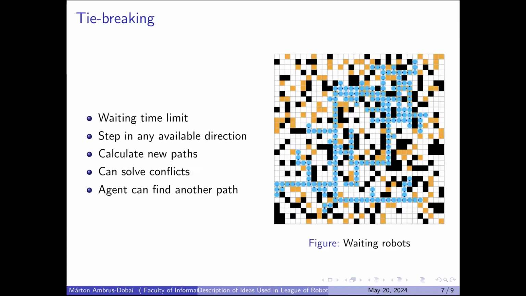And another idea I tried to implement is this situation, as you can see in the example, that agents are waiting in the lines because, like in this random map, the shortest paths for them were very similar.